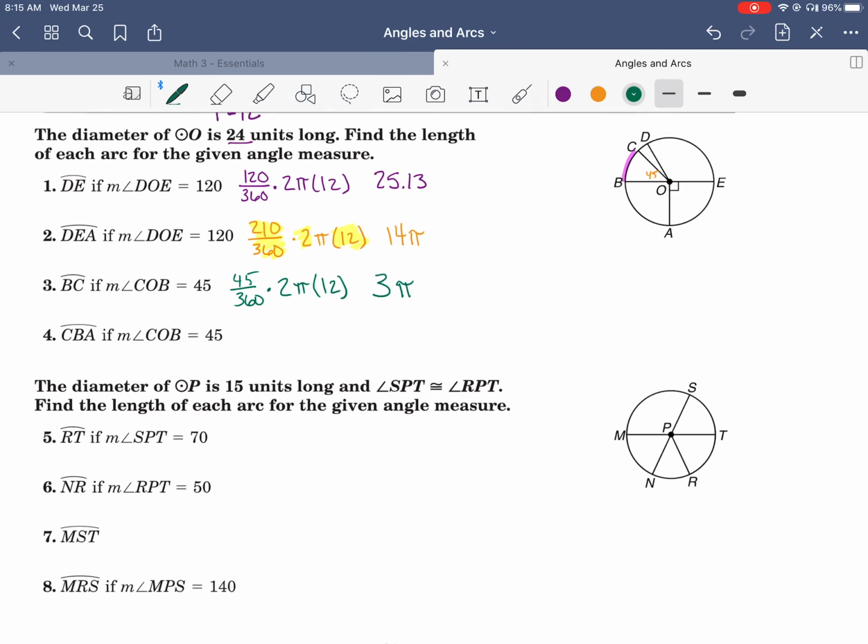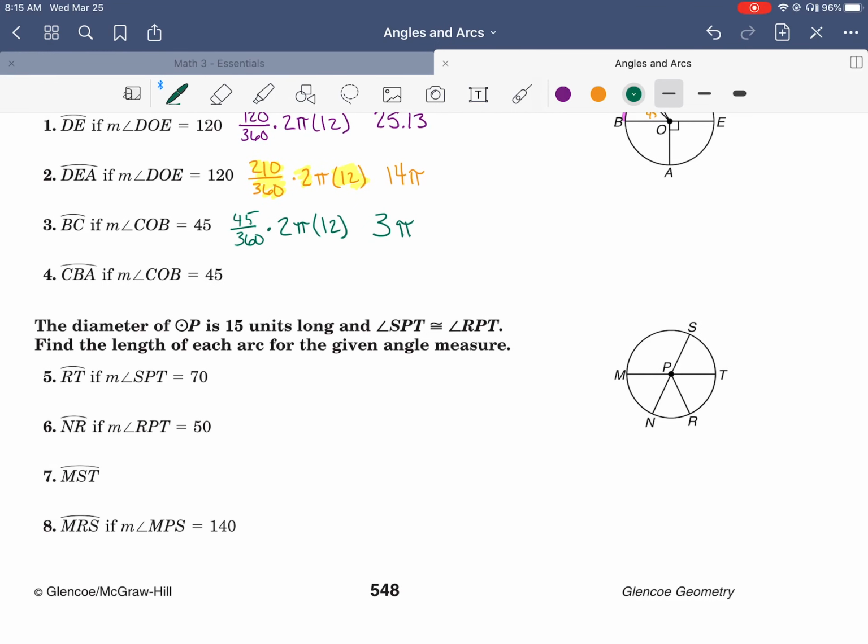All right, let's look at the bottom part so we can get a couple examples of that. So find the diameter of this is 15 units long. The diameter is 15. I know my radius is 7.5. And angle SPT, which is right here, is congruent to angle RPT. So these two are congruent to each other. Find the length of each arc for the given measure.